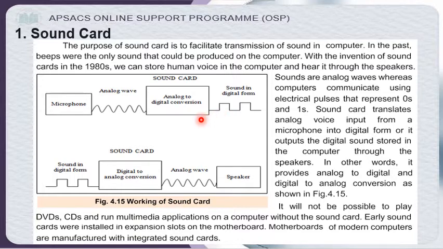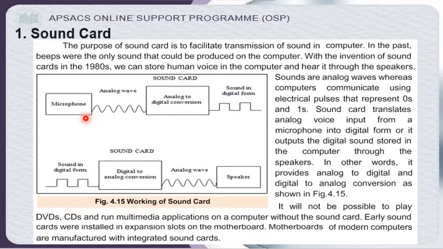So who is going to do that for you? A sound card is responsible for converting your sound signal, or analog signal, to a digital signal so that your computer can store or record it.